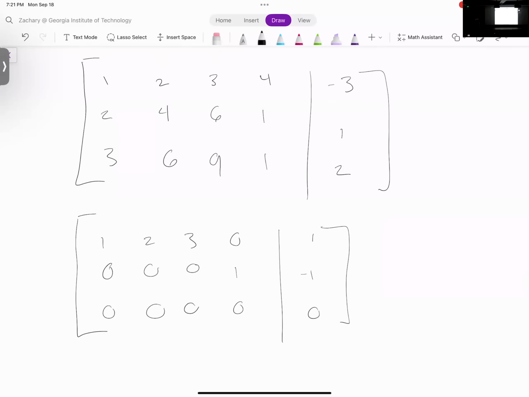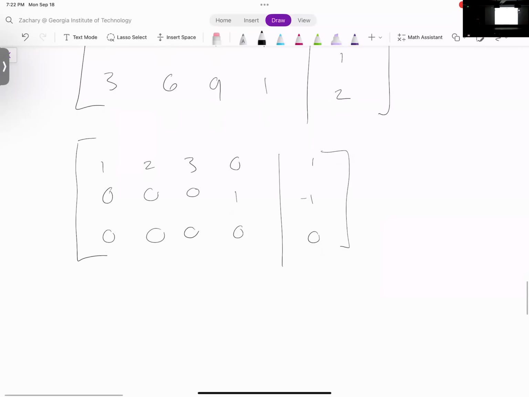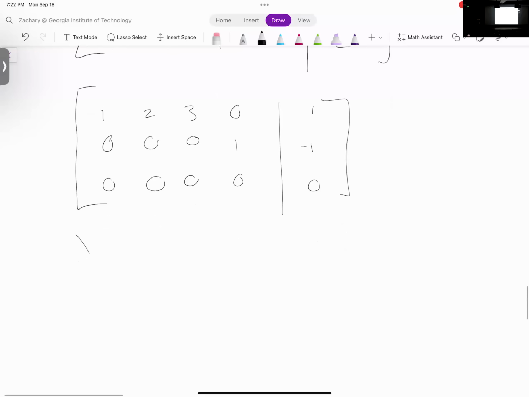We're gonna reduce the matrix, we're gonna get something like this. So what this boils down to meaning is from here, we can write these back out in our equations. We can write this as x1 plus 2x2 plus 3x3 equals 1.